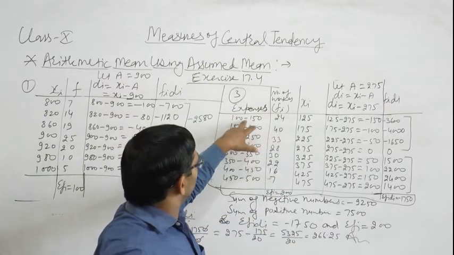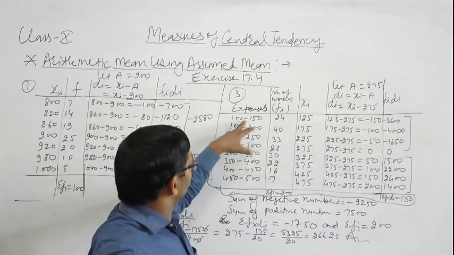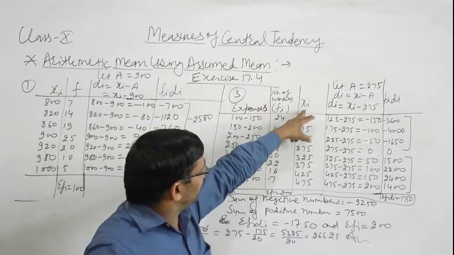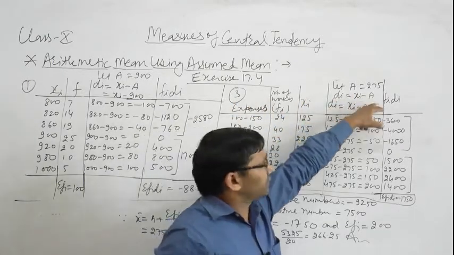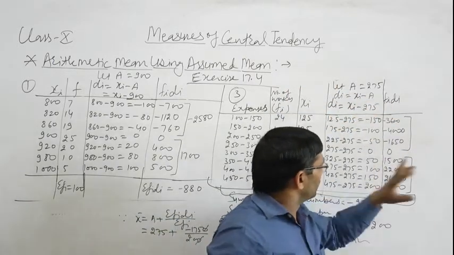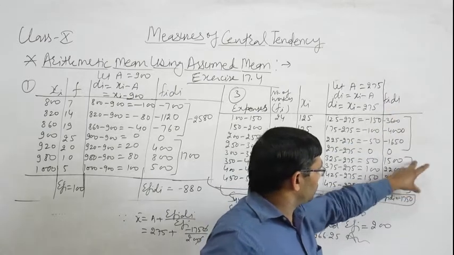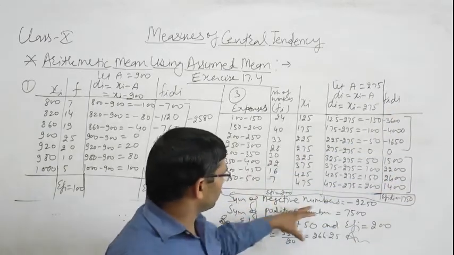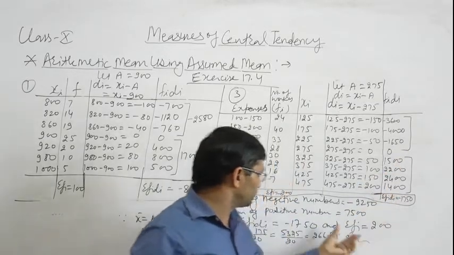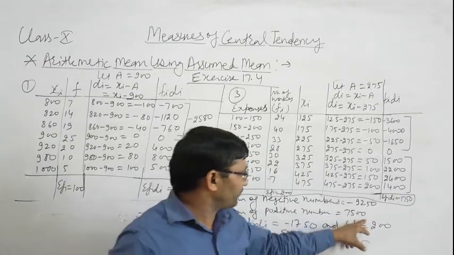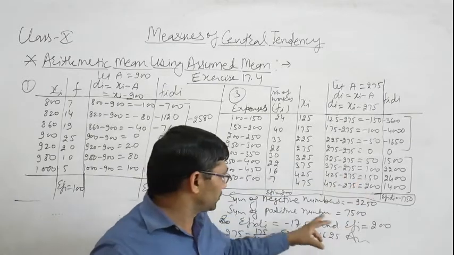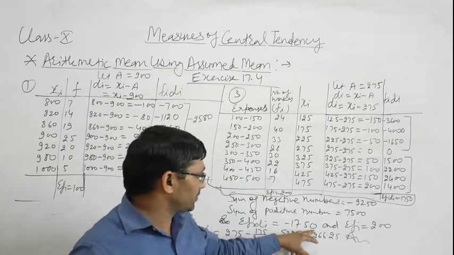So in this question class intervals and their frequencies are given. So first we find xi by using class intervals. First we find xi, then di is equal to xi minus a, then fi di, and then the sum of negative numbers and the sum of positive numbers. The sum of negative numbers is minus 9250 and the sum of positive numbers is 7500. Then sigma fi di, the difference, is minus 1750.